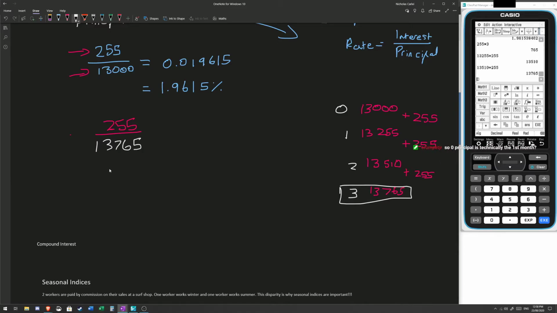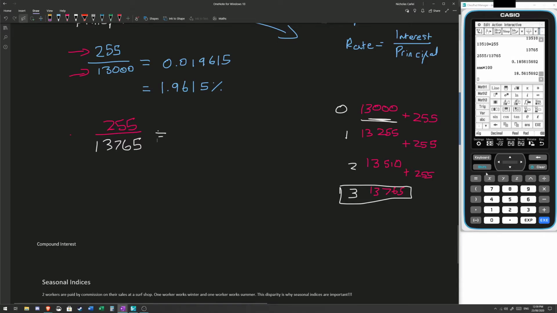13,765. So our principal is $13,000 in the first month. Does that make sense? Yeah? Okay. I hope it is because you haven't said anything in chat. So $255 divided by 13,765 multiplied by 100.